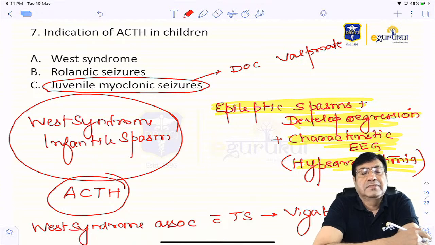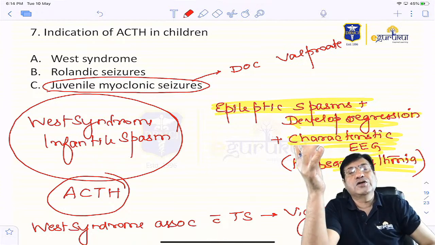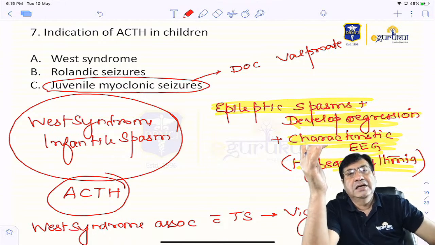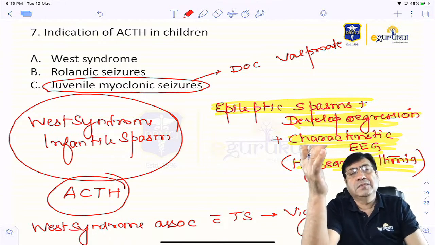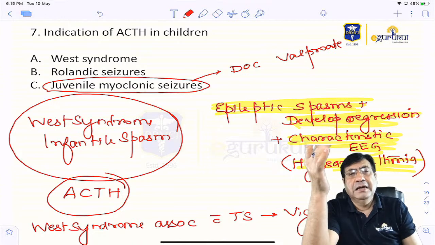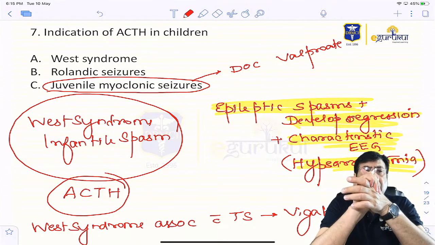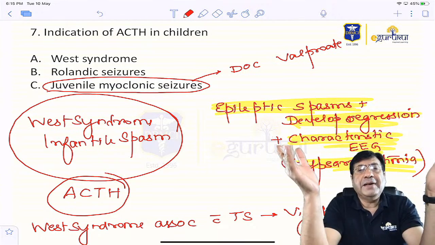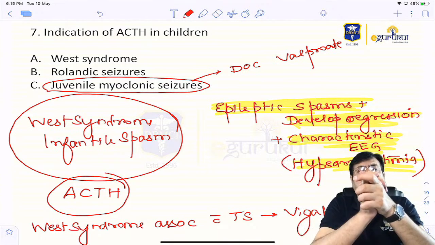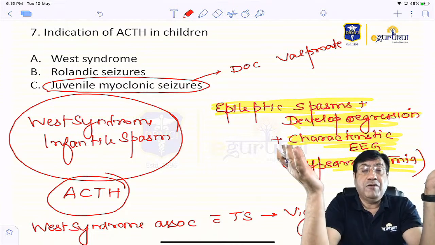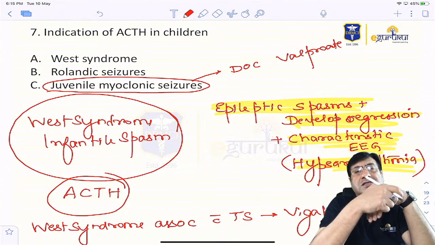They are either a combination of absence epilepsies or myoclonic jerks or even generalized tonic-clonic epilepsies. But typically they occur in the early morning hours, and that too in adolescence. Juvenile myoclonic epilepsies have very good prognosis, may require lifelong treatment, but otherwise very good prognosis, and the drug of choice is valproate.